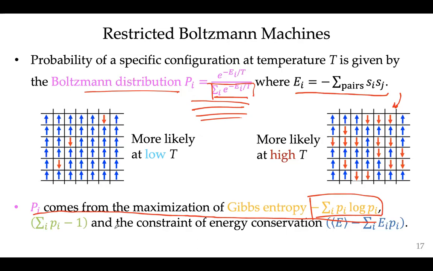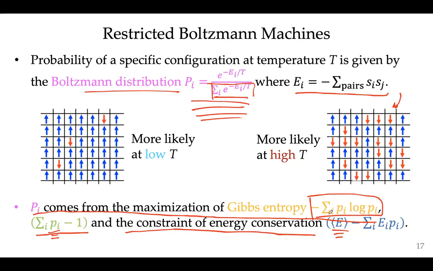You want to maximize the total entropy, and you also have to add the fact that the summation of the probabilities should add up to 1, and you have to consider the constraint of energy conservation, so the average energy will be equal to some average energy variable.